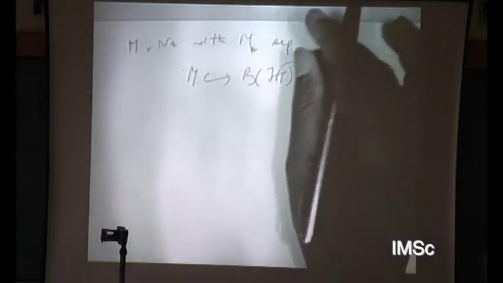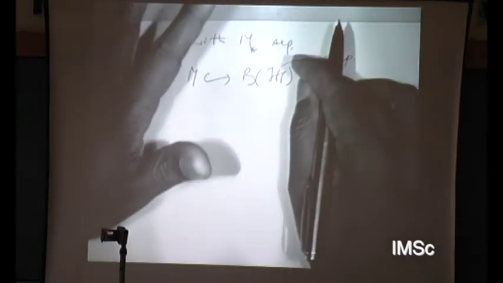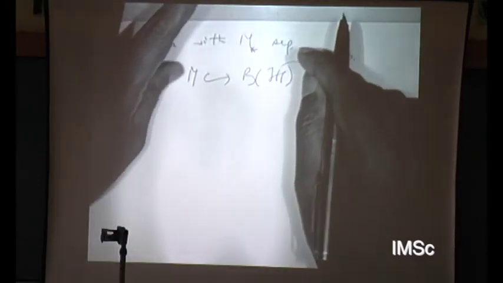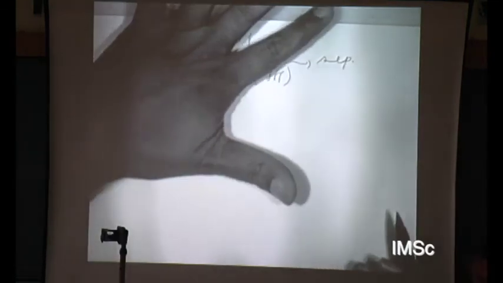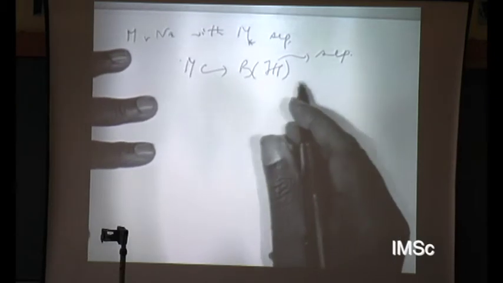So if I think of M as a C-star algebra, it has a faithful state. That state is automatically normal. And so I have a representation on B of H where H is separable.